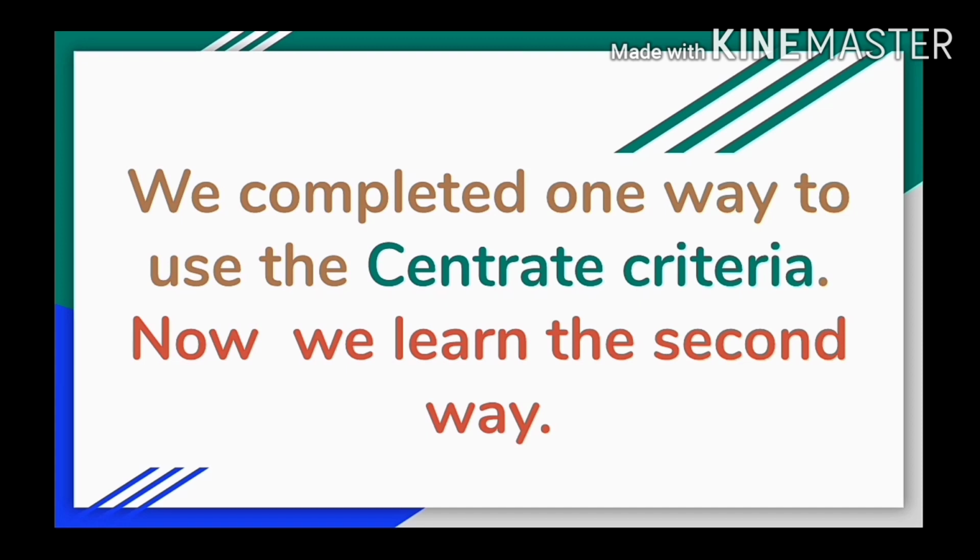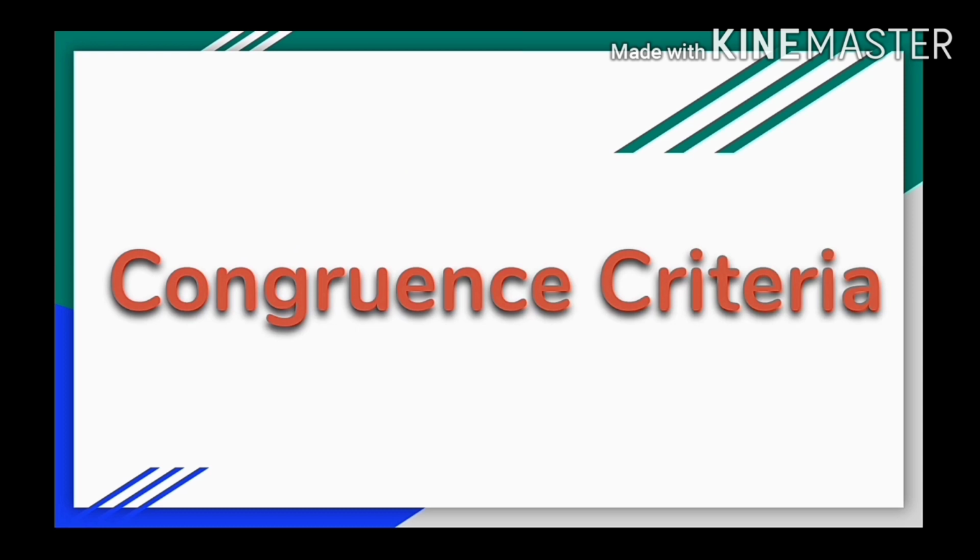So we have completed the centroid criteria in one way, and now we learn the second way, that is the congruence criteria. Up to now we know the congruence criteria are SSS, ASA, SAS, RHS, etc. But this is a new way to prove that two triangles are congruent to each other.